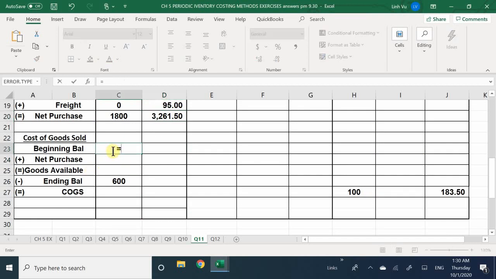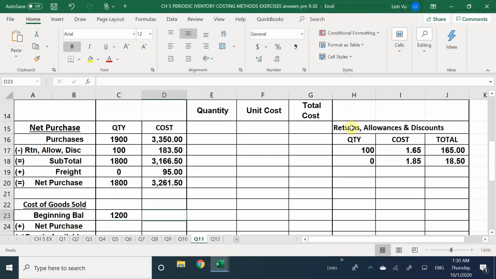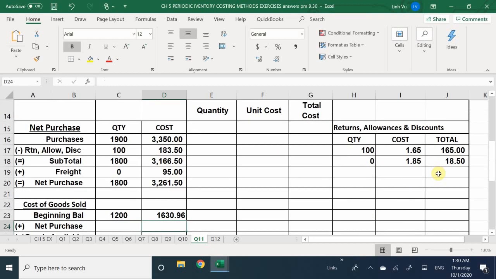Here, do we have a beginning balance? Yes, we do in this case. We have a beginning balance of the 1,200 units, and it cost me a total of $1,630.96.